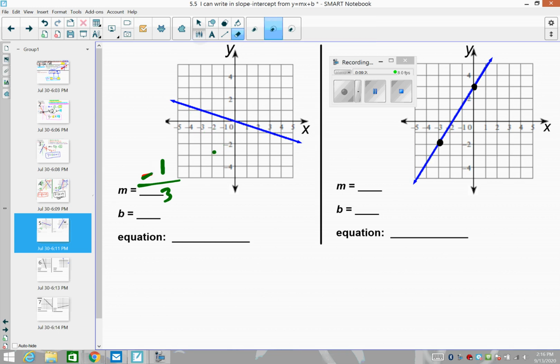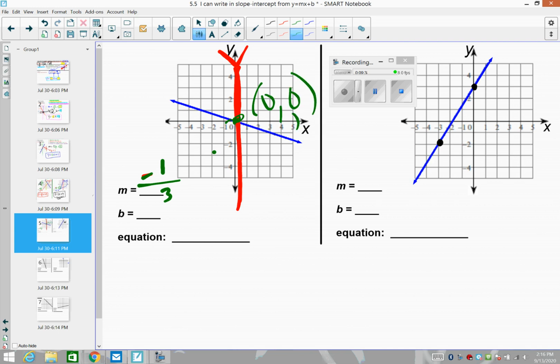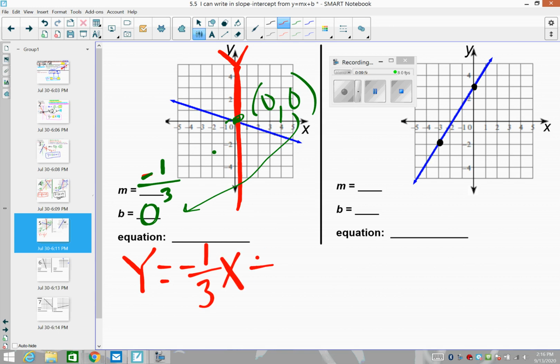For the y-intercept then, we have a y-axis. Where does the y-axis hit the graph? It looks like it's hitting it right at the origin, 0, 0. So the b value here is 0. It's the y-coordinate there. So we get y equals mx plus b.